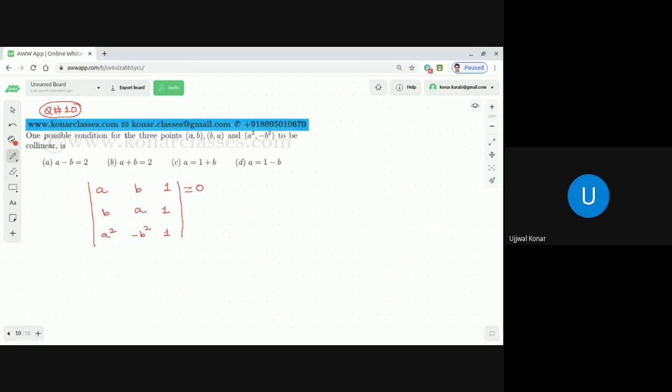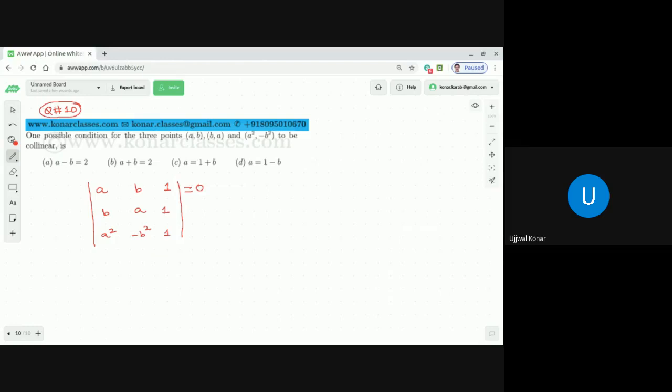Now to compute the value of this determinant, it will take a little time based on whatever knowledge you have at present, students. So I'm just going to give you a little knowledge about determinants. Today we learned one thing: if we take one element common from any row or column, then the entire determinant is multiplied by that number.